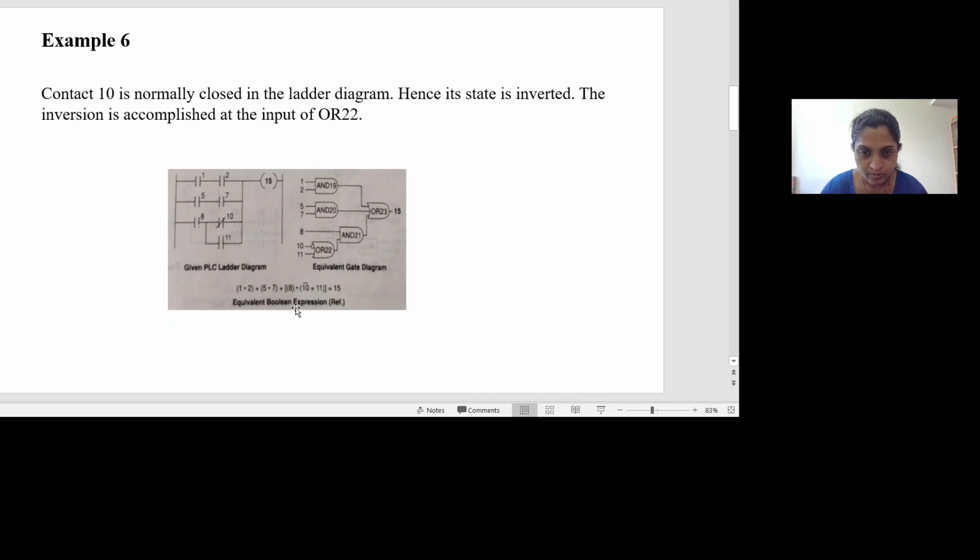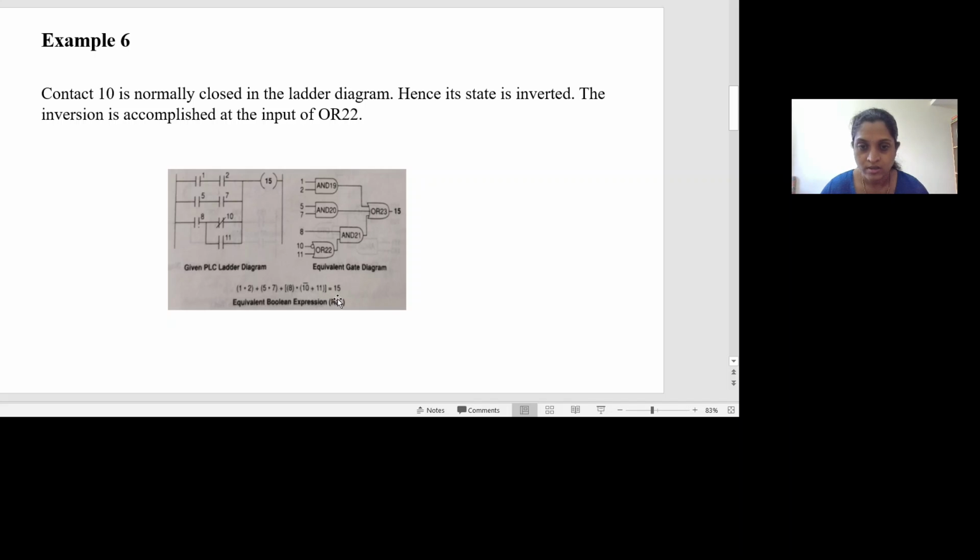So here I have written a Boolean equation also. Here 1 and 2 are in series, so that is represented as a dot: 1 dot 2. Again 5 and 7 in series, so it is 5 dot 7. And we have 10 bar and 11. They are in parallel, so plus is the OR operation. A plus is used here, and this parallel combination of 10 and 11 is in series with 8, so 8 dot this parallel combination.